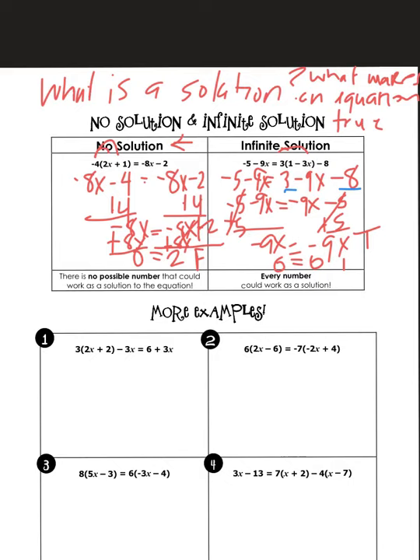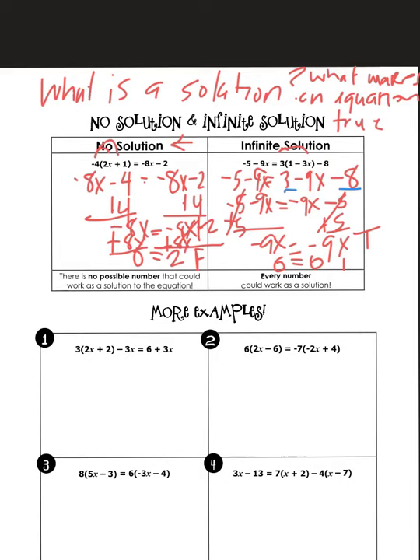So the notation for infinite solutions is a sideways 8. Let me do that again. It's not a very good one. Okay, so a sideways 8.